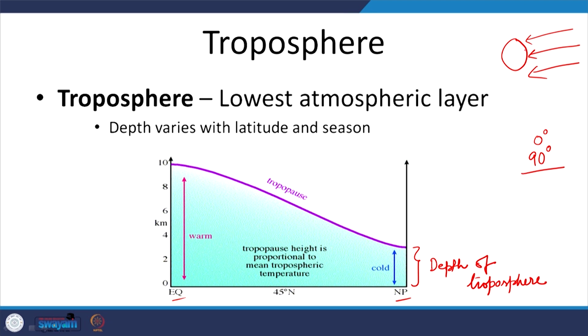Now, the equator receives the maximum amount of energy. Because of the larger temperatures at the equator, the air expands, and as a result you have more depth of the troposphere.